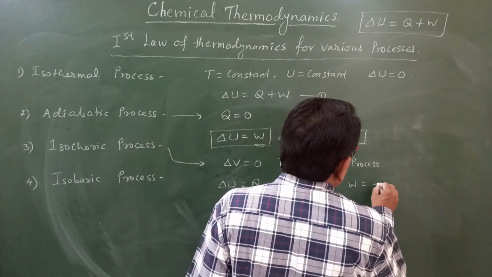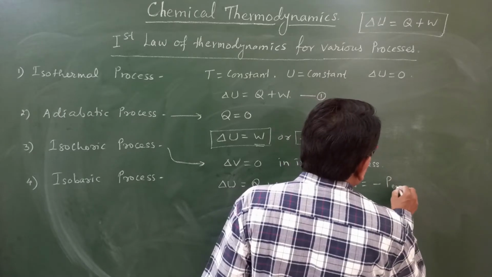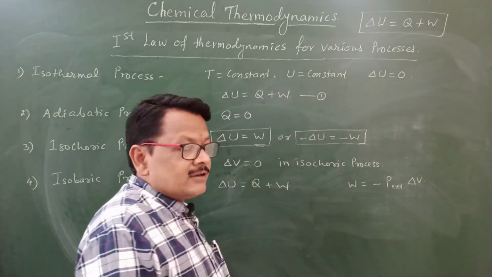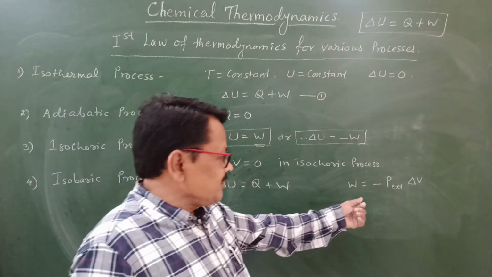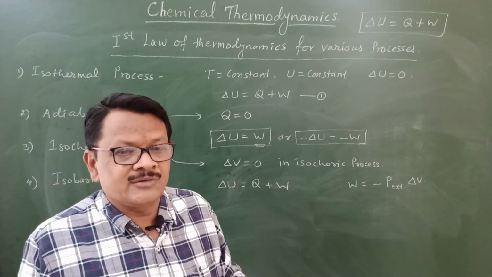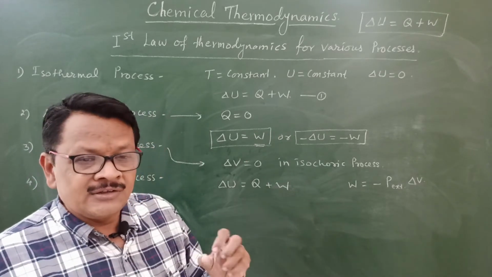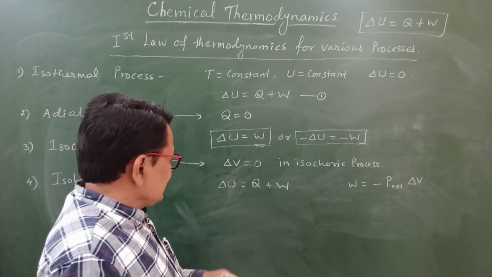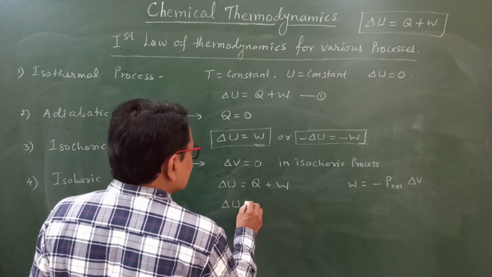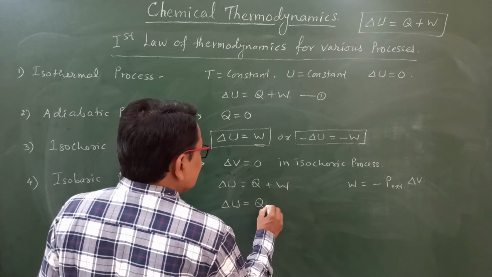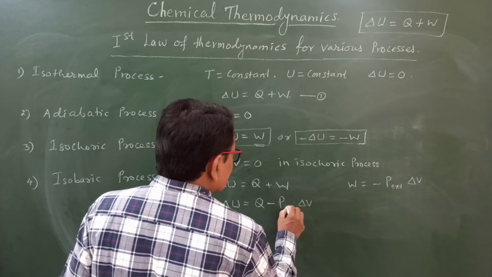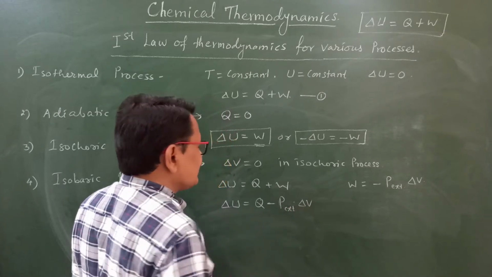W is equal to minus P external into delta V. This P external means the pressure which is applied on it, that is the external pressure, and delta V is the change in volume. If you put this in the equation, we get delta U is equal to Q minus P delta V. No doubt this P is external pressure.